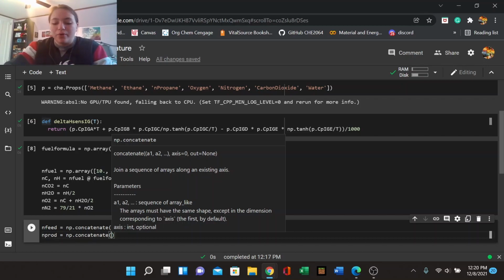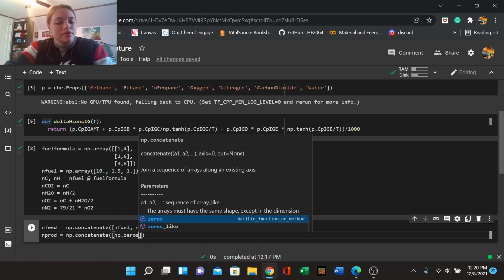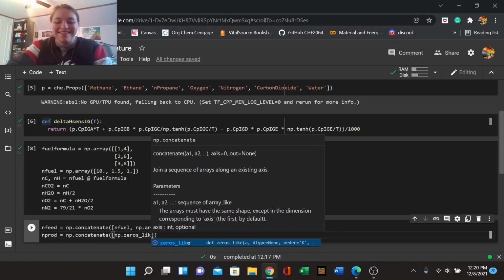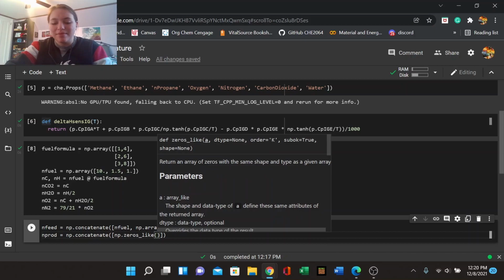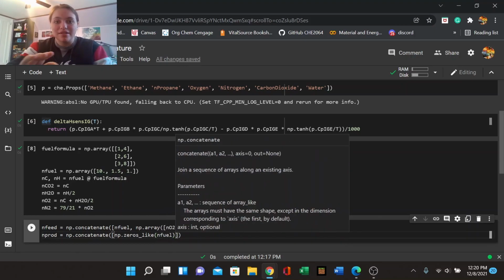And so we are going to go, np, if I can type, dot zeros underscore like, and that is going to be N fuel. So that's just creating zeros of the length of our N fuel array.